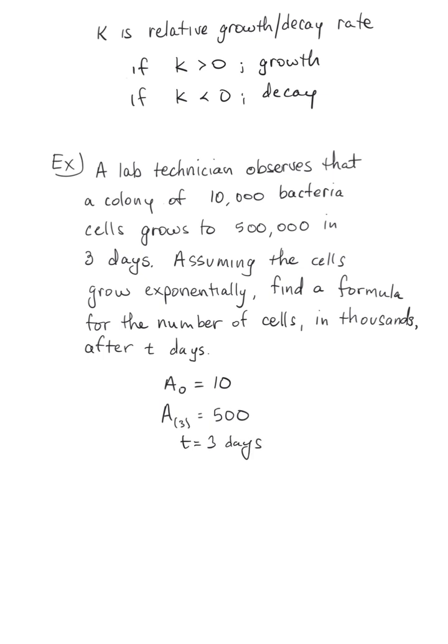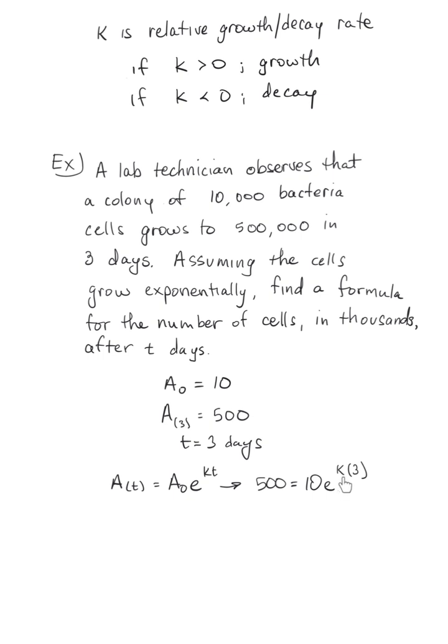So our formula becomes, if we're going to use the relative exponential growth, A of t equals A naught e to the kt. This becomes 500. Remember, though, it's 500 in thousands, so 500,000 equals 10 e. We don't know k, and t is going to be 3 days.